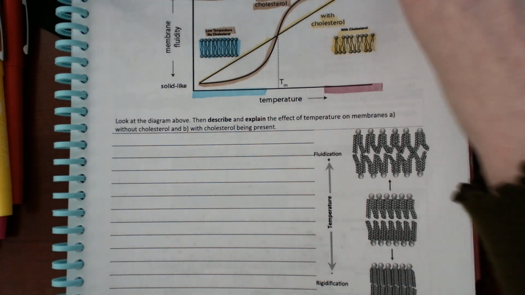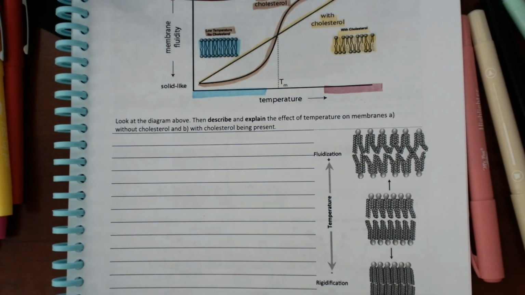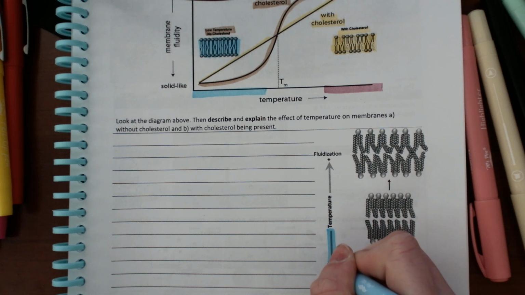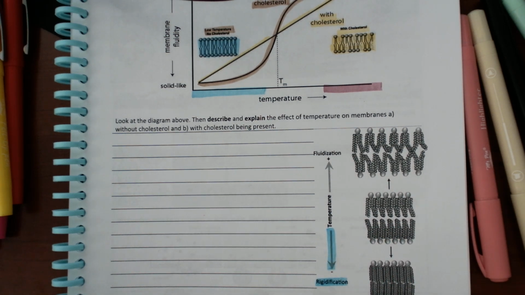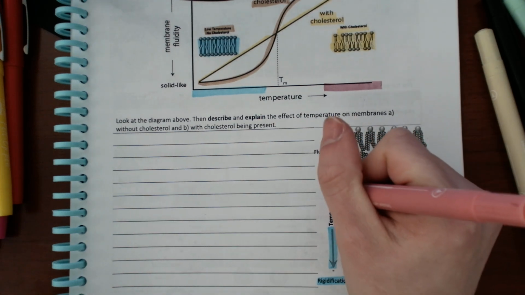And so what cholesterol essentially does is it acts like a little buffer. It helps to contain what's happening. At low temperatures, things get too rigid. At high temperatures, things get too fluid.